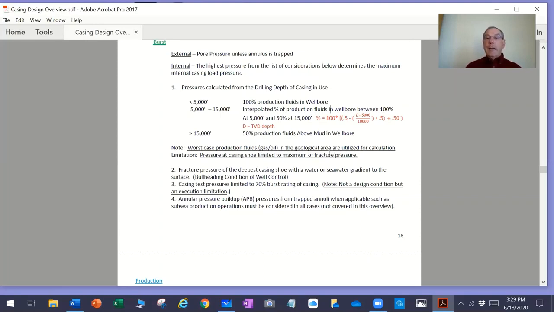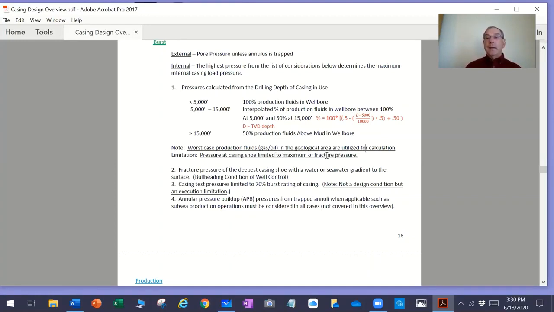It's going to be easier to show this on an example than to try to explain it, but we will start calculating the pressures at the bottom of a hole section, borehole section, and then we'll come up the hole using the criteria. If the pressure at the casing shoe that we calculate exceeds the fracture pressure, we will limit the pressure on our wellbore to fracture pressure.